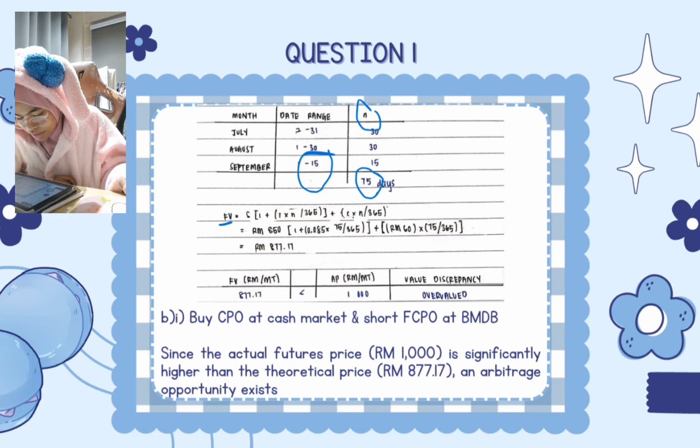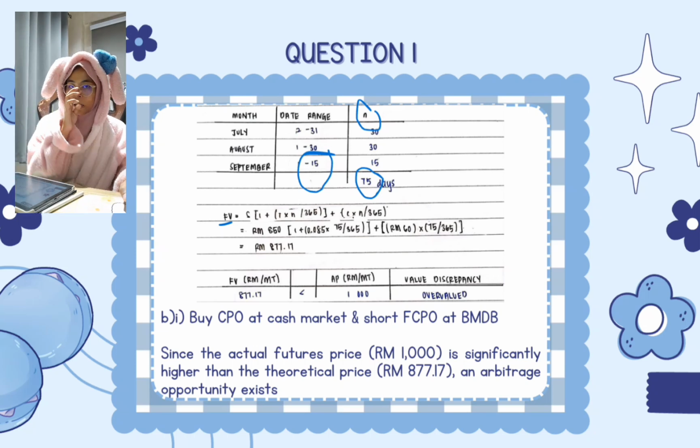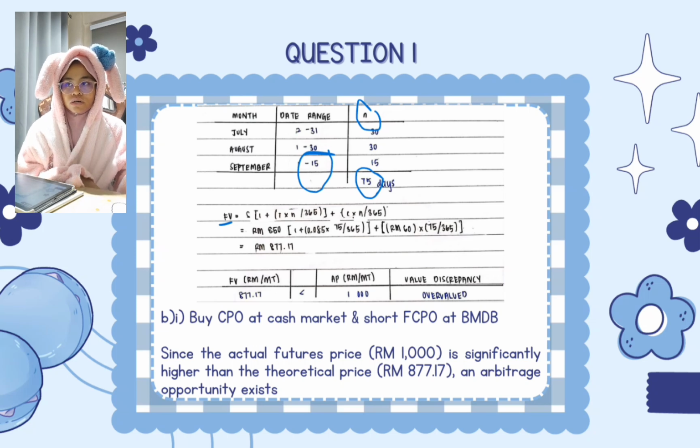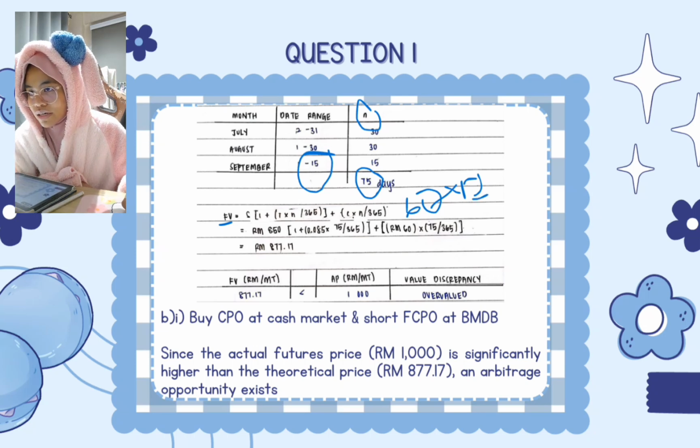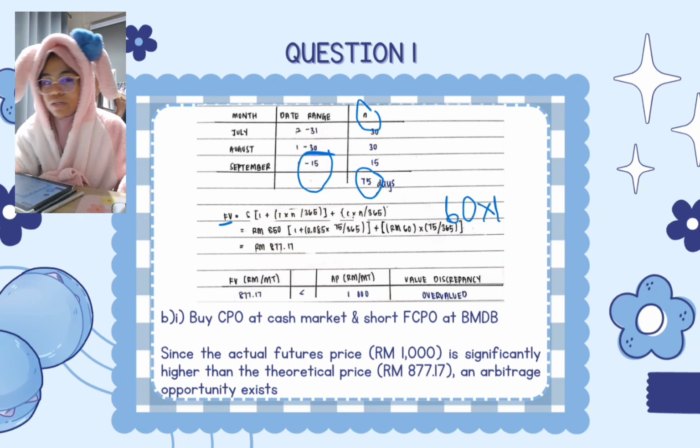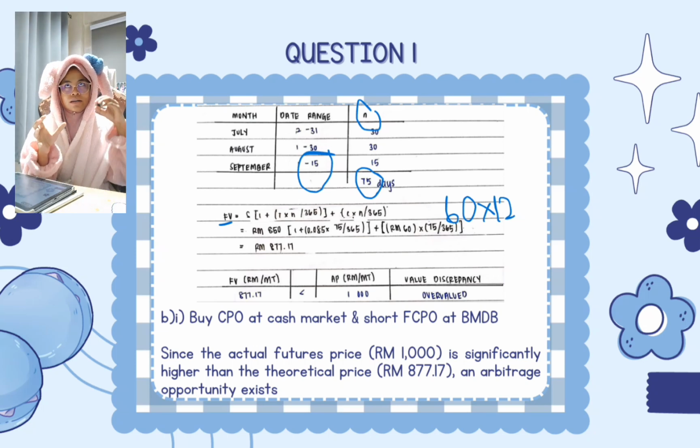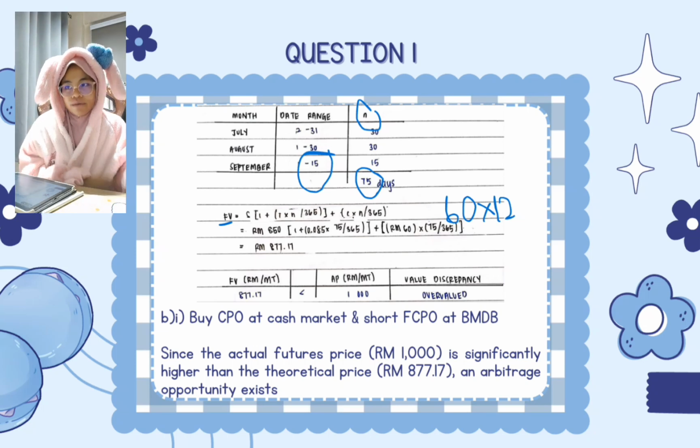plus 60 ringgit. Okay, usually to calculate the storage cost, we times it with 12. For example, 60 times 12, because we want to get the storage cost per annum.